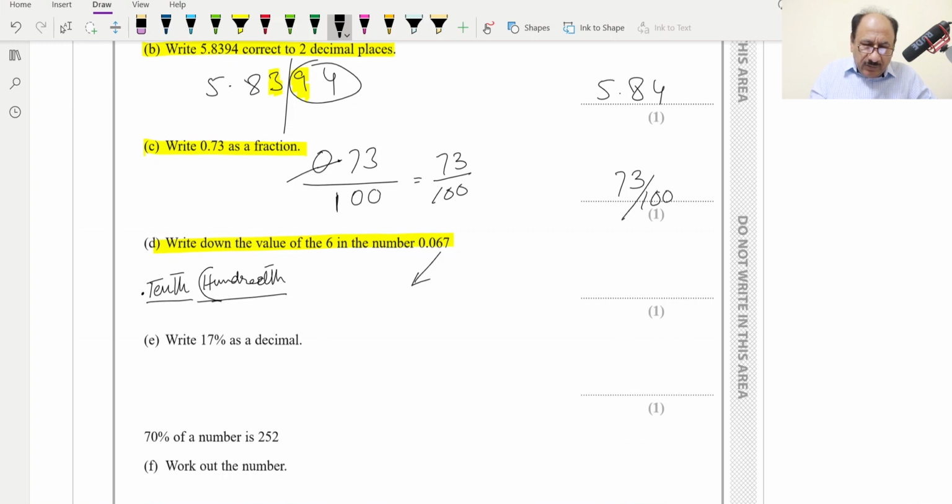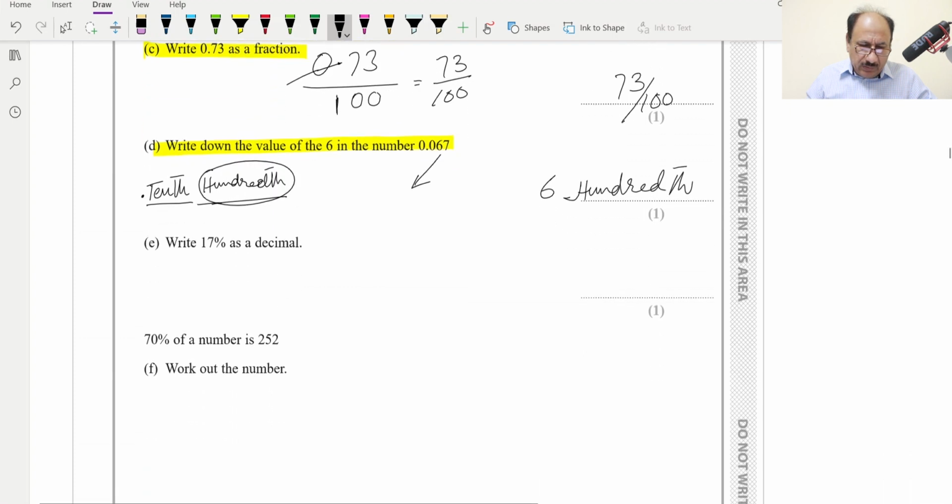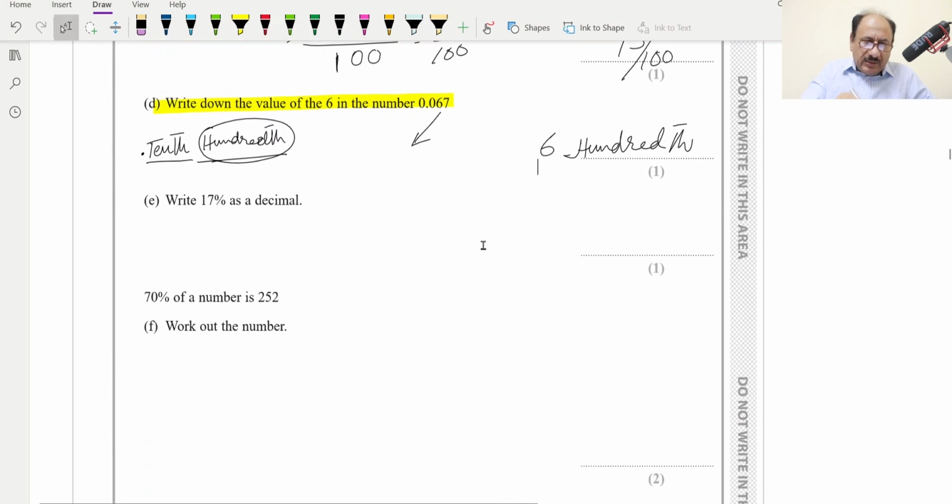So this 6 is in the second position, so it will be the hundredths position. So the value of 6 will be 600th.